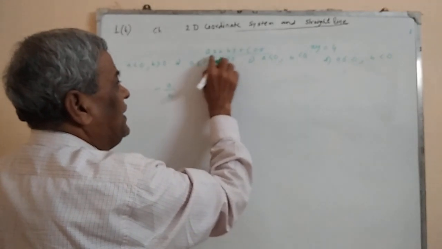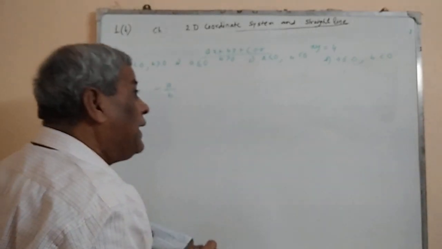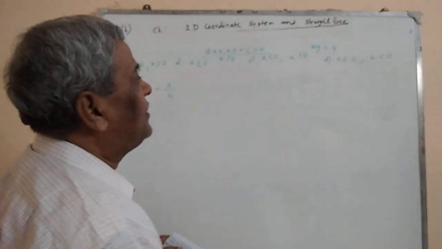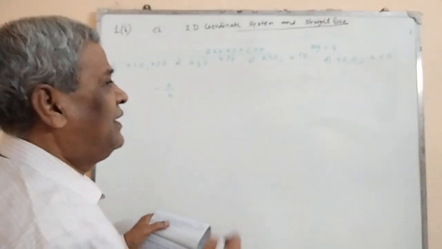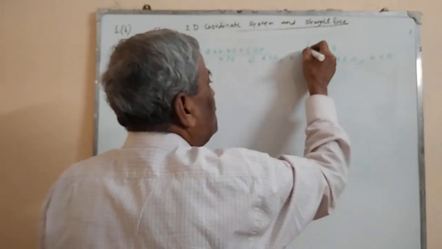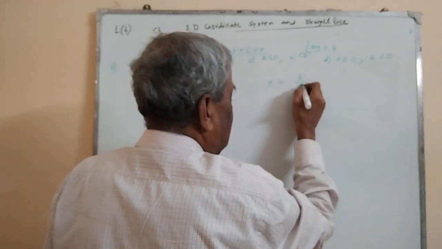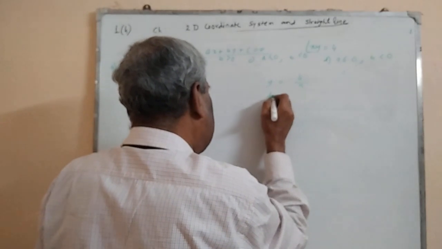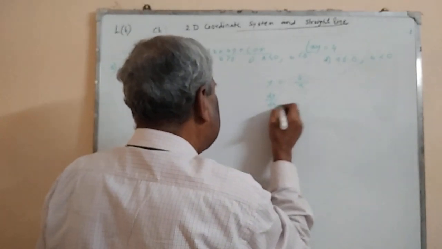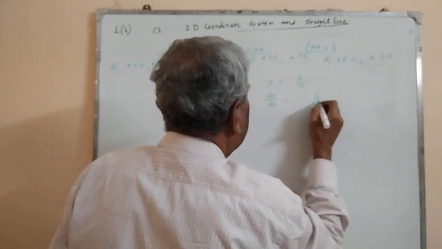Minus a by b is the gradient of the straight line, meaning gradient of the tangent line. Again, the curve is y is equal to 4 by x. The gradient of this tangent will be dy/dx, minus 4 by x square.